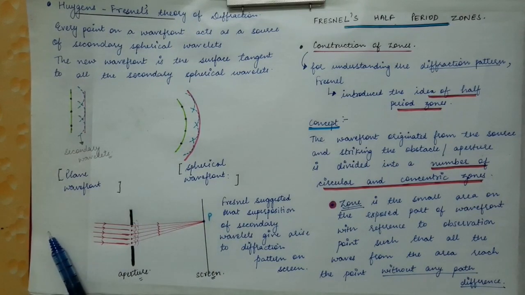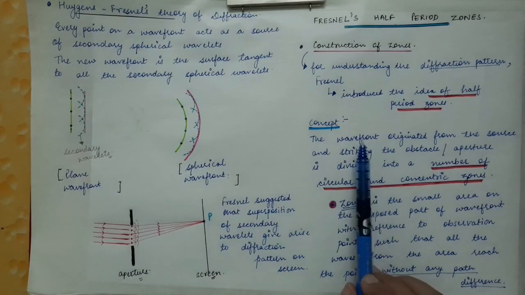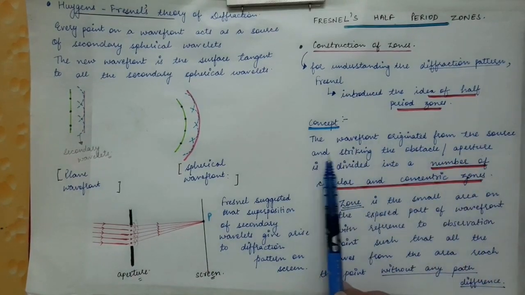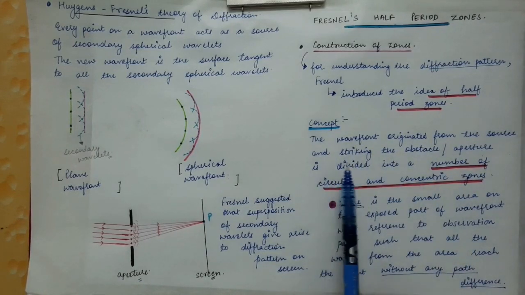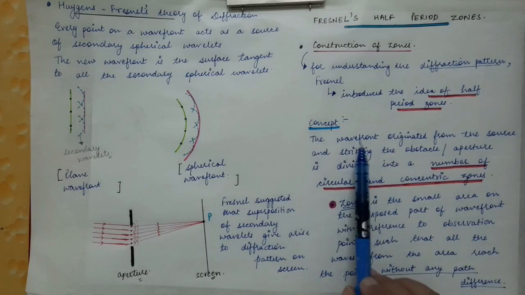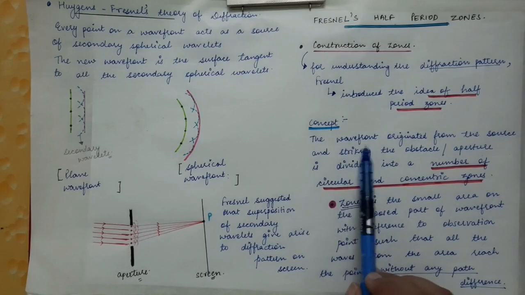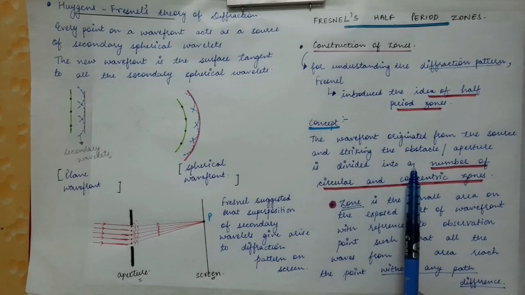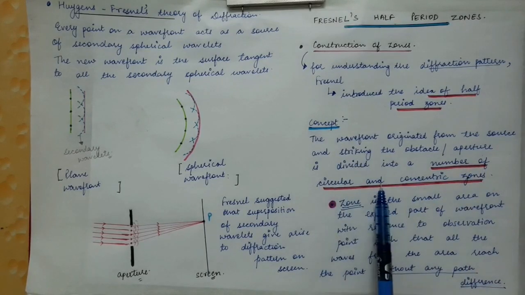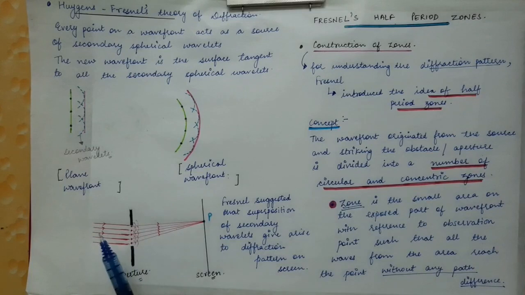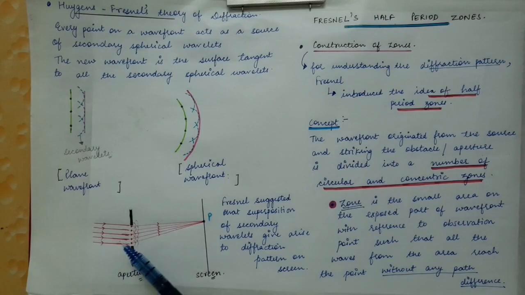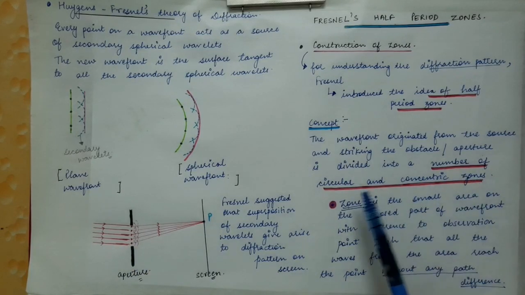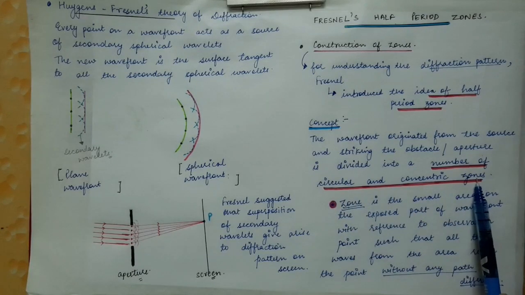Now the wavefront emitted from the source, which is striking the obstacle or the aperture, is divided into, keep in mind, this wavefront is divided into a number of circular and concentric zones. The primary wavefront which is falling on the slit or the obstacle is divided into a number of circular and concentric zones.